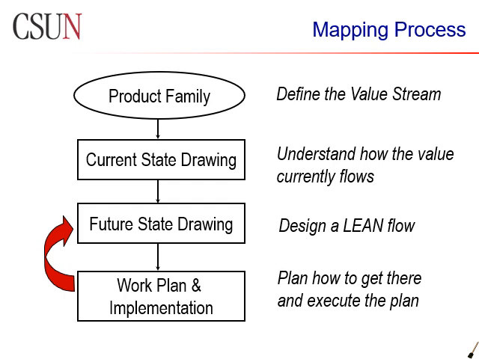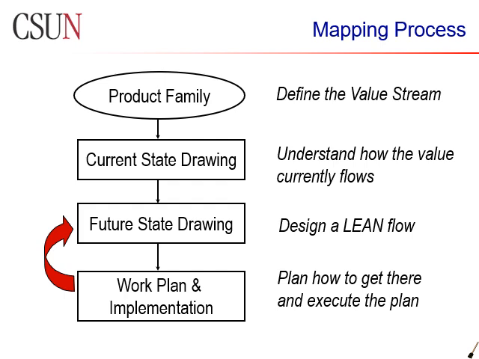We can't afford drawing value stream maps 100,000 times for 100,000 products. So instead of that, we will group them into product families that are very similar. So instead of having 100,000 different types of products, we can have, for example, 50 families.